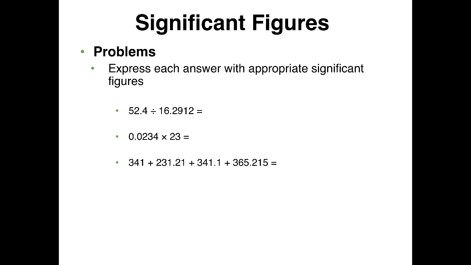Now the calculator reads 1,278.525. The least precise measurement is the 341. So the ones place is where your answer has to stop. On the calculator, it's 1,278.525, so that rounds up to 1,279.